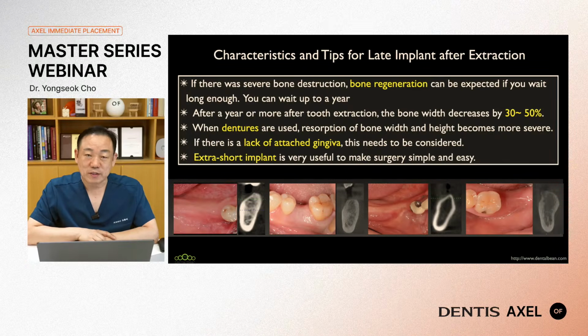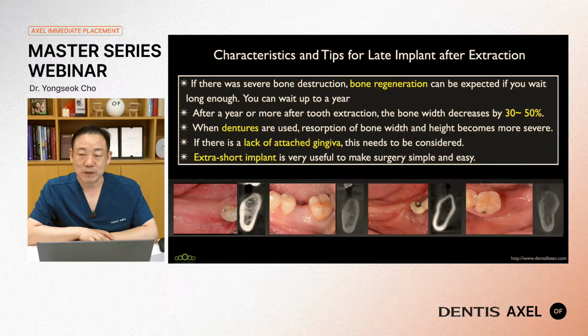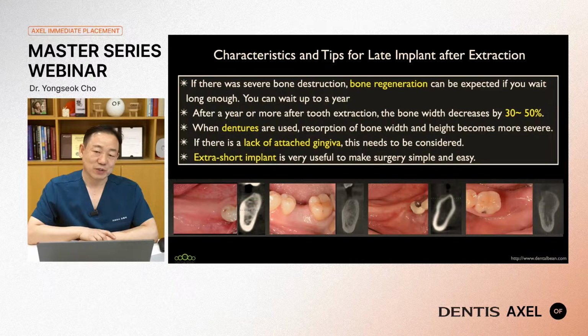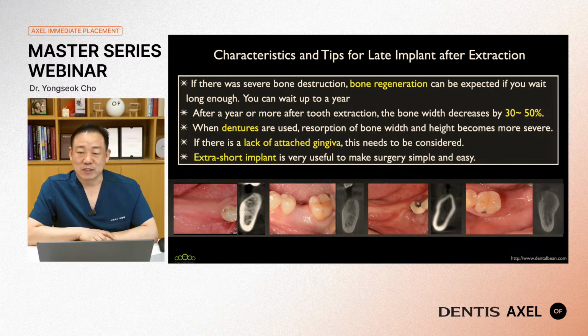If there was severe bone destruction, bone regeneration can be expected if you wait long enough. You can wait up to a year. After a year or more after tooth extraction, the bone width decreases by 30 to 50%.